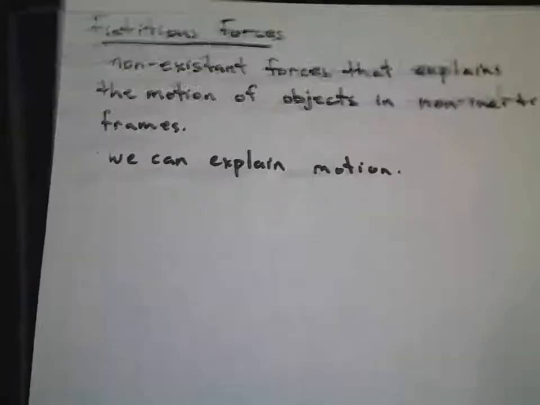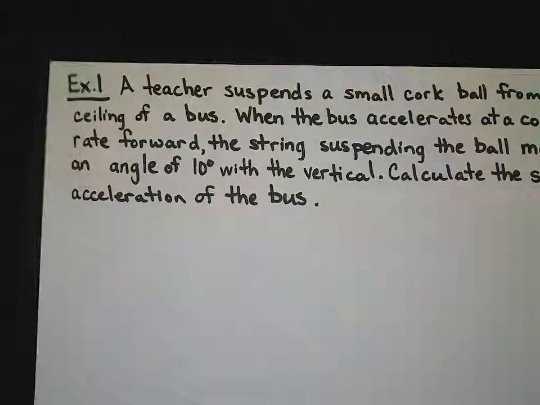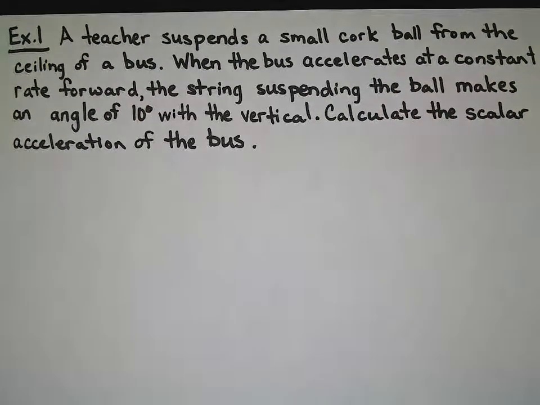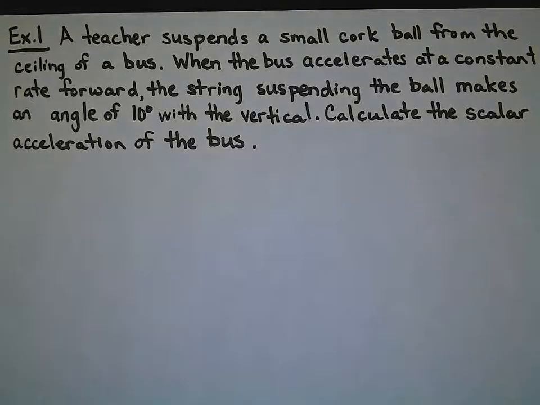For example, if a teacher suspended a small cork ball from the ceiling of a bus, and the bus accelerates at a constant rate forward, the string suspending the ball makes an angle of 10 degrees with the vertical. We would like to figure out what the scalar acceleration of the bus would be.